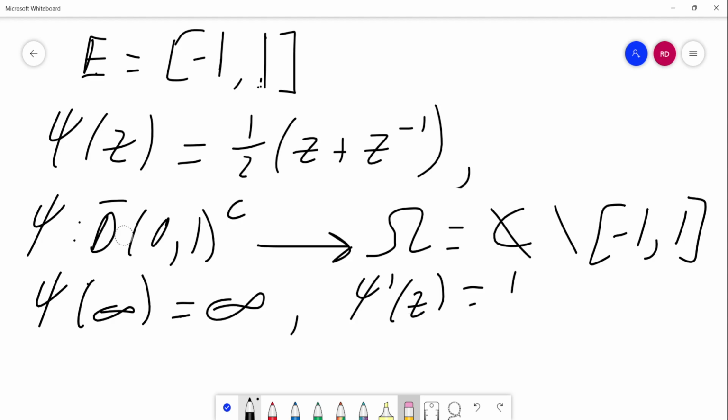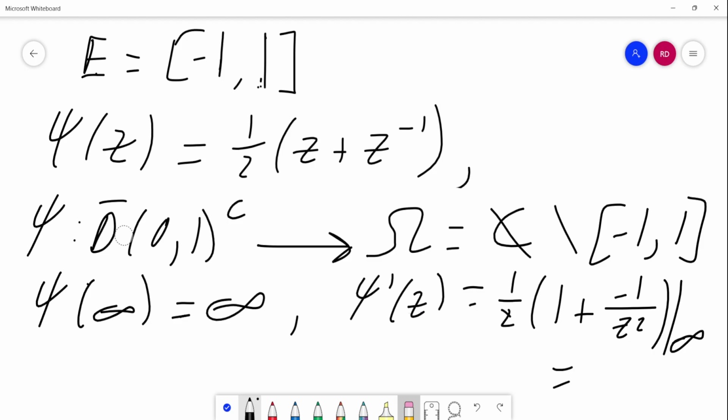Psi prime of z is 1/2 times 1 plus -1 over z squared, which at infinity would give us 1/2, which is greater than 0. So this is the psi that will work out.